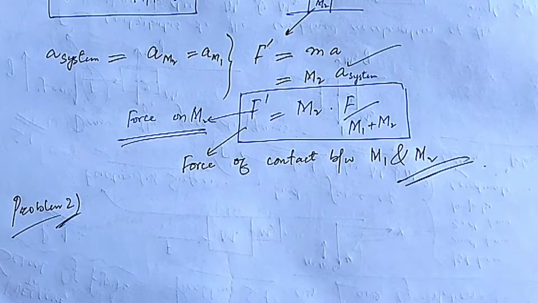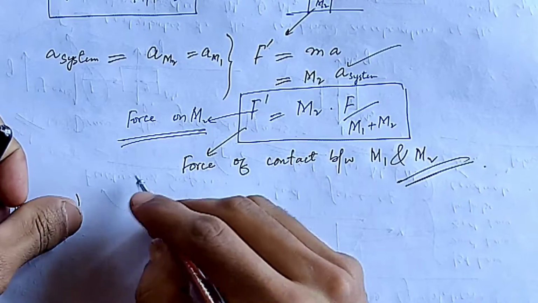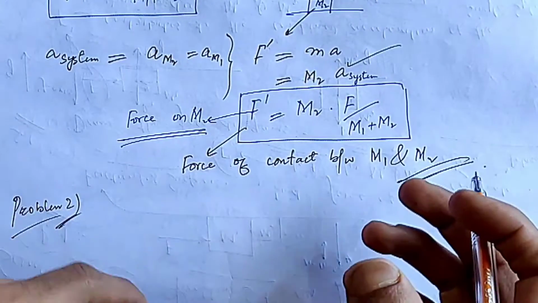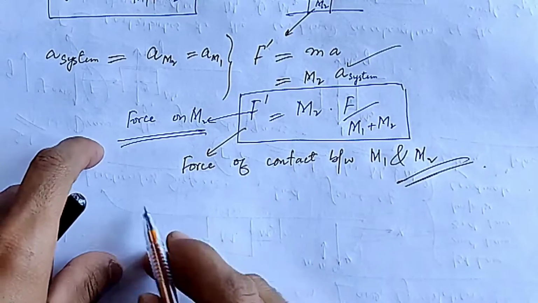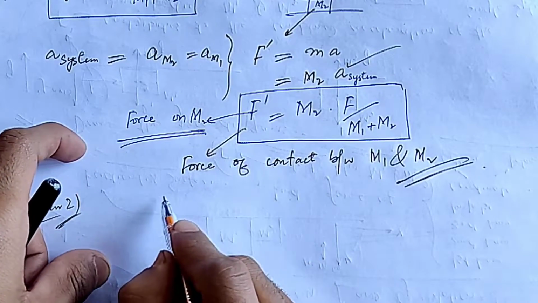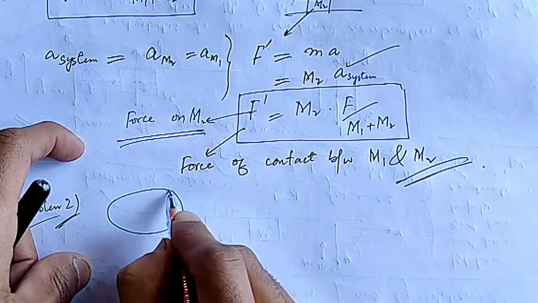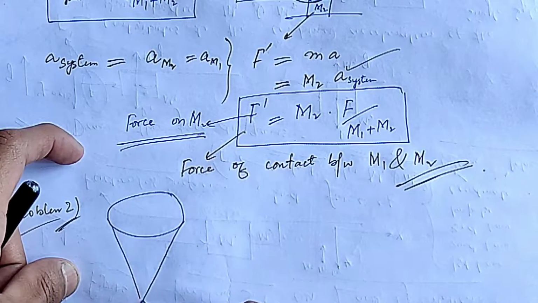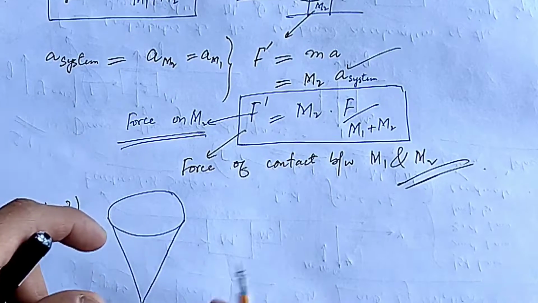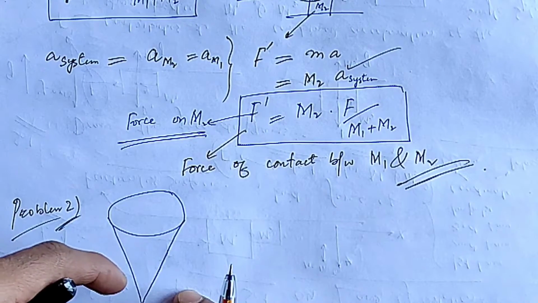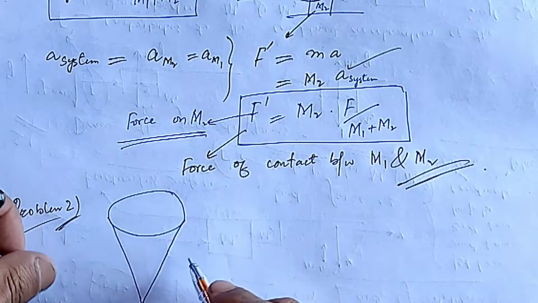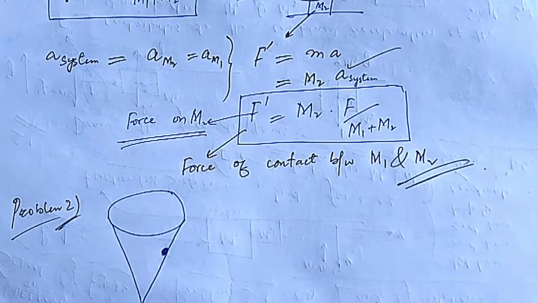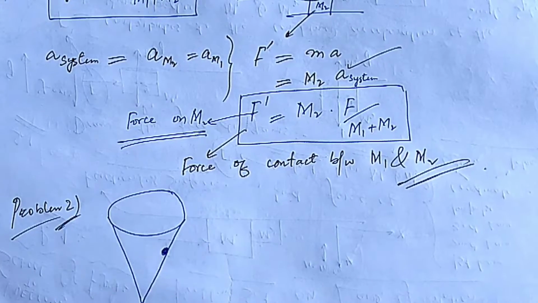Here we have a particle inside a vertical cone. Here also frictional force is absent. So we have a cone like this, and the particle is moving inside it in a circle.